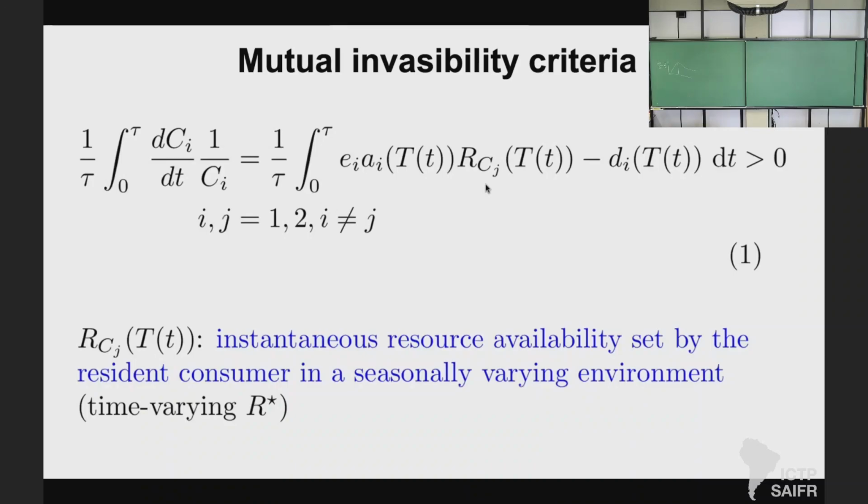Wait, no, Cj, because i here refers to the invader, okay, j refers to the resident. That's the instantaneous resource availability set by the resident consumer in a seasonally varying environment, because its R star now also changes over time. The R star is not a constant, right? The level to which you deplete resources now depends on the day of the year.